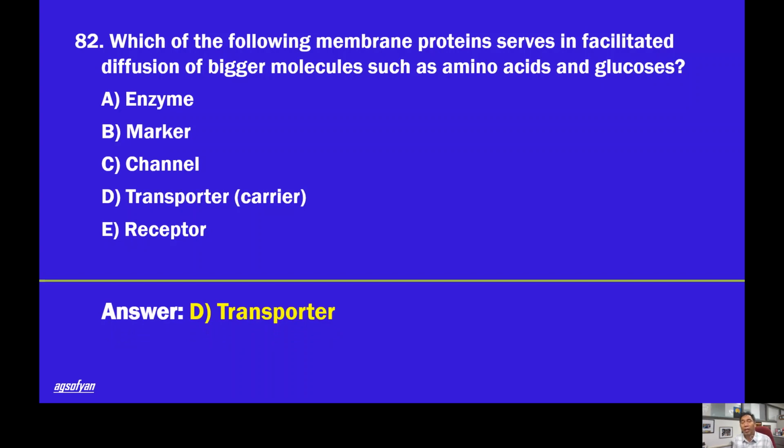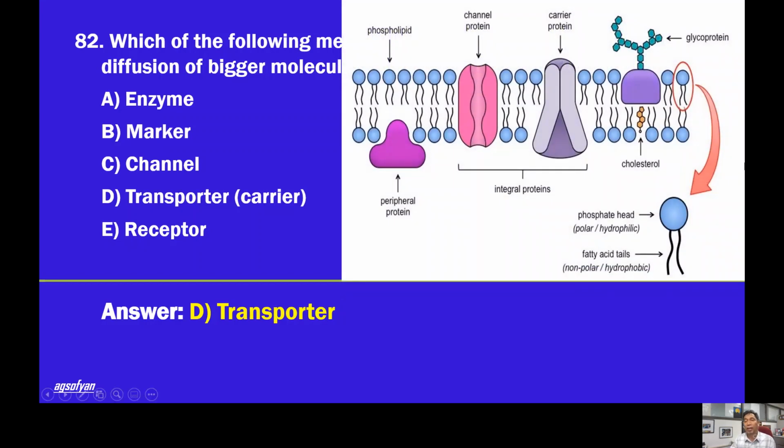So the protein that helps bigger molecules to move across the membrane is called the transporter or carrier. Okay, like over here, these are the carrier proteins, usually for bigger molecules. The channel is usually for ions.